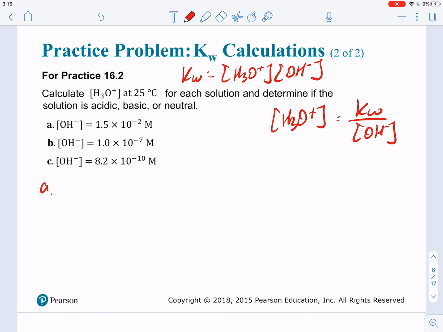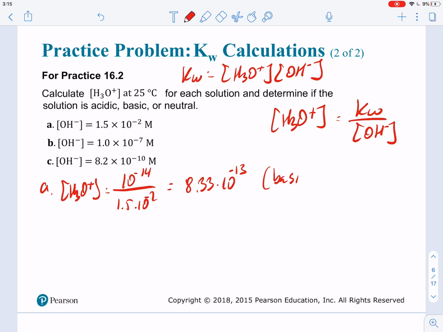So in A, H3O plus is going to be equal to 10 to the negative 14 divided by 1.5 times 10 to the negative 2, and this is equal to 8.33 times 10 to the negative 13. Because of that, the concentration of OH minus is larger than 10 to the negative 7. The concentration of H plus is smaller than 10 to the negative 7. This is a basic solution.